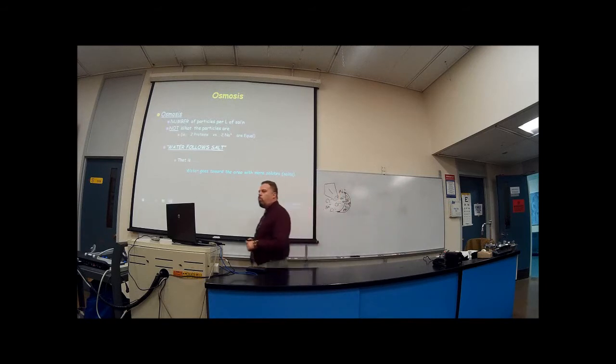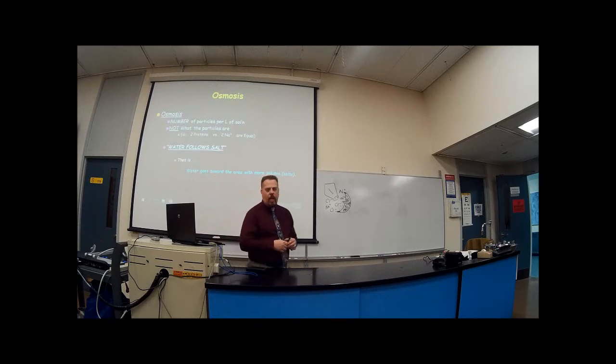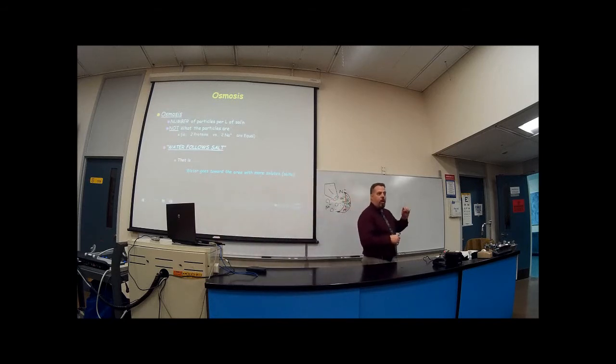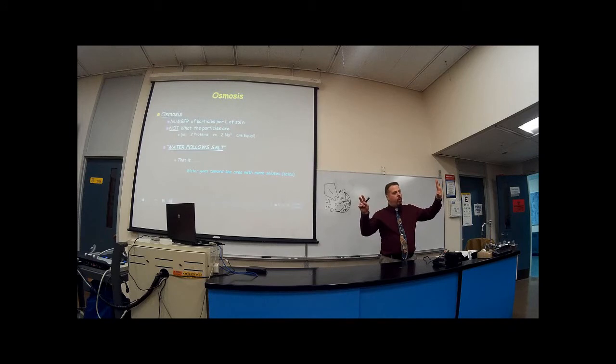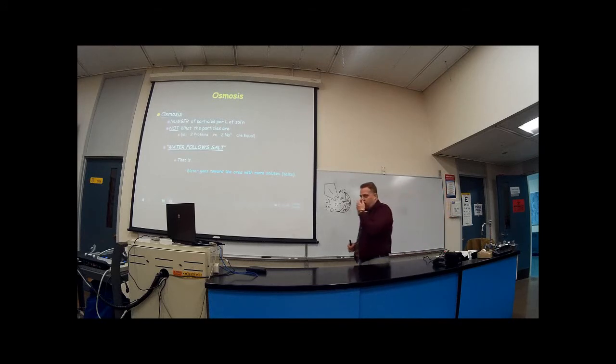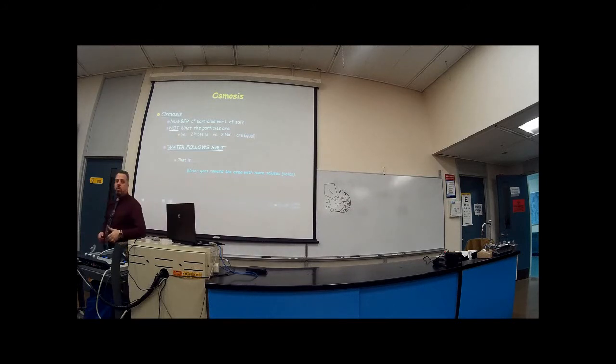So water won't move because of that, because there's an equal number on either side. But if there isn't, let's say, I'm just giving an example, there's 5 sodium over here and there's 2 potassium over here, water is going to go where there's more concentration, where there's more solutes. So water goes to the area where there's more salts and more solutes.